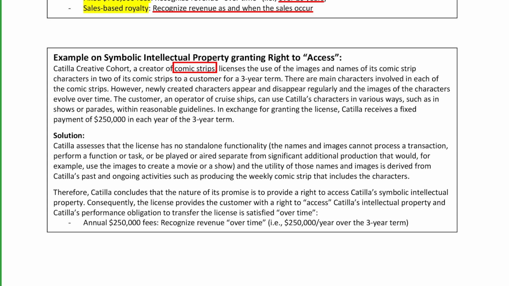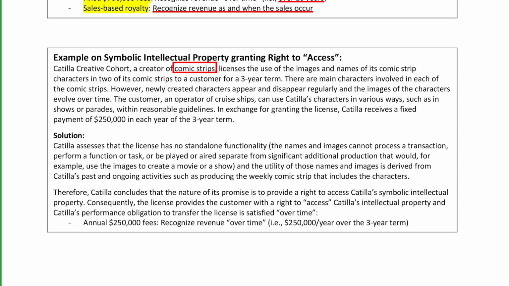Now, Catala assesses that the license has no standalone functionality. That means the names and the images cannot process a transaction, perform a function or task, or be played or aired separate from significant additional production that would, for example, use the images to create a movie or a show.